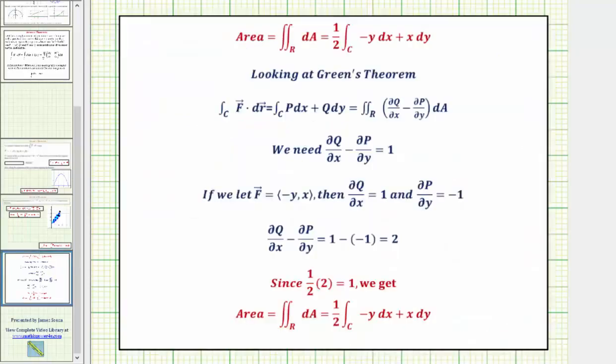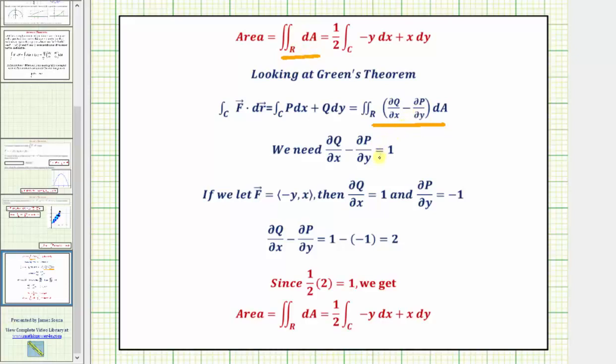So again, first recognizing that this double integral would give us the area of region R, and then comparing this to Green's theorem shown here, if we want this double integral to be equal to this double integral, we would need the difference of these two partial derivatives to be equal to 1.